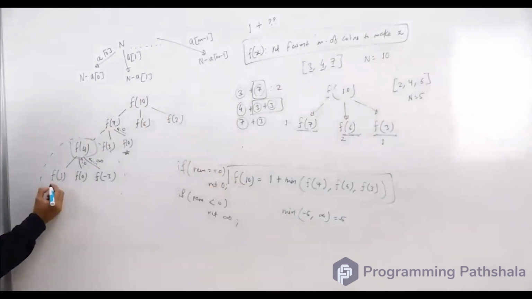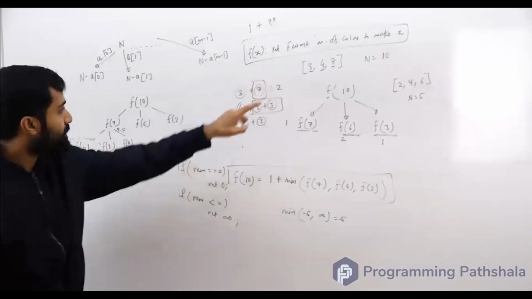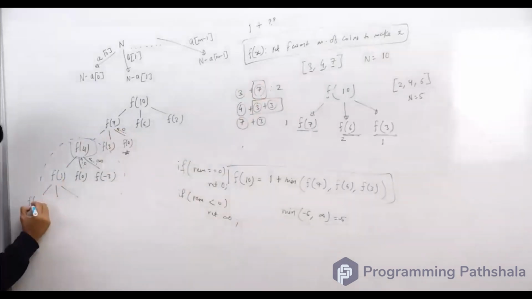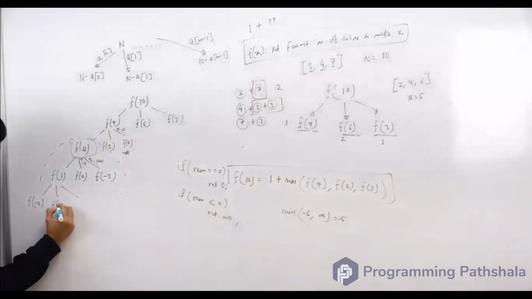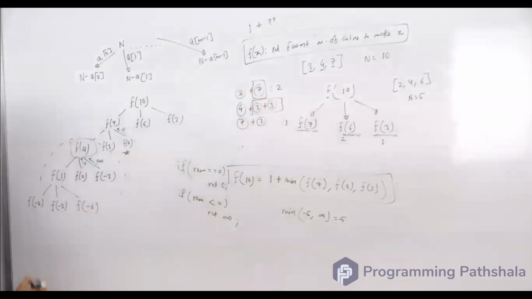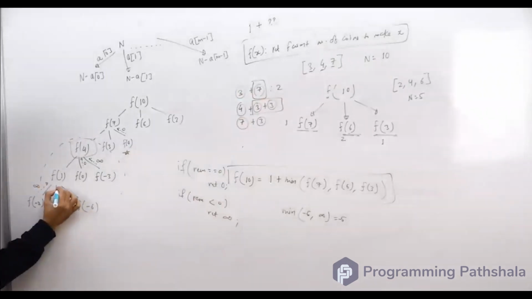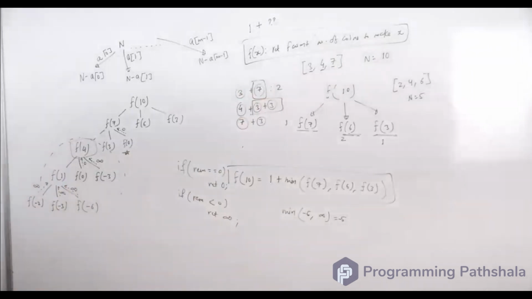Again from here, you will make all those 3 calls: f of 1 minus 3, which is -2, f of 1 minus 4, which is -3, f of 1 minus 6, 1 minus 7, which is -6. All these things will return infinite.